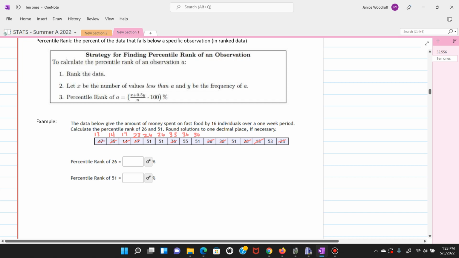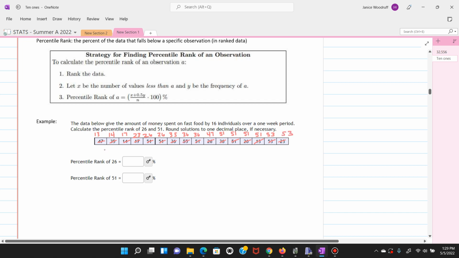Let's see, 47. And then 51. 4 of them. Then 53, 55. Okay, so this is in order.